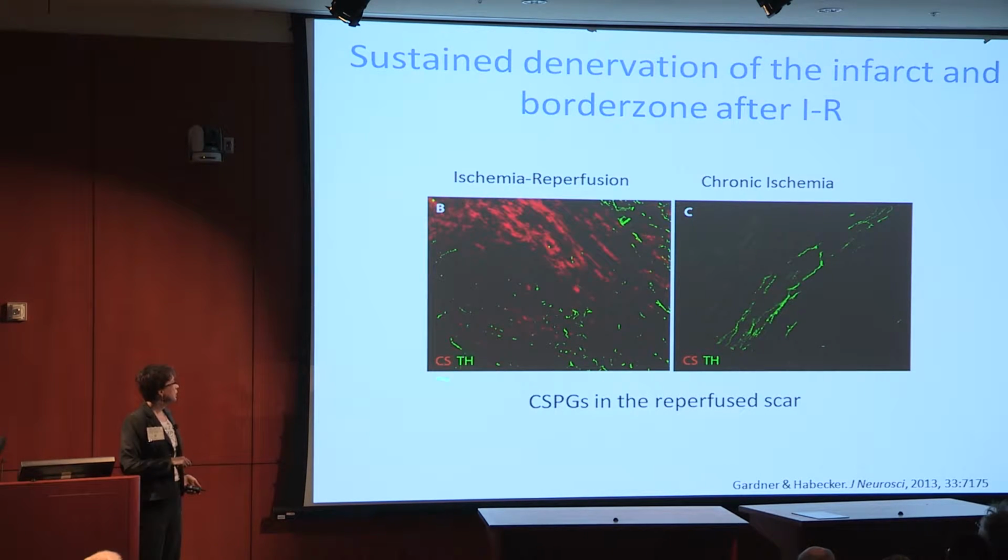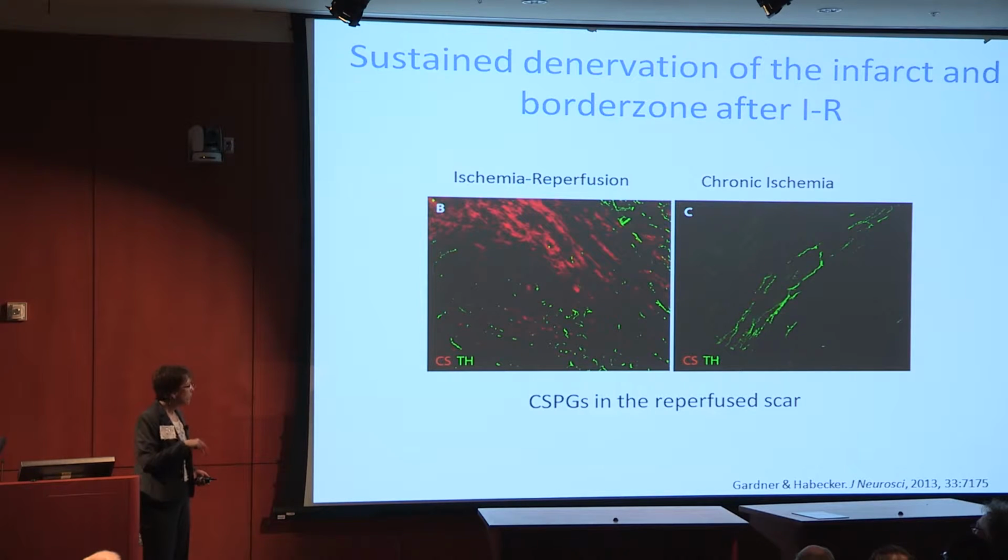Here we're staining these sections with a pan-CSPG antibody. Chondroitin sulfate proteoglycans are a whole family of core proteins that are modified with glycosaminoglycan side chains that are sulfated on either a 6 or a 4 position.